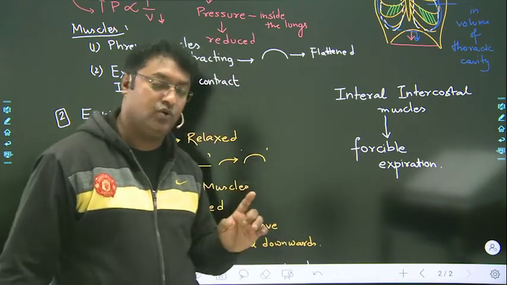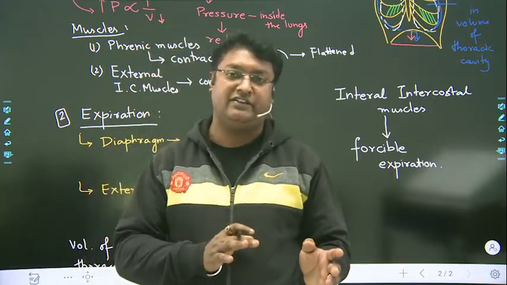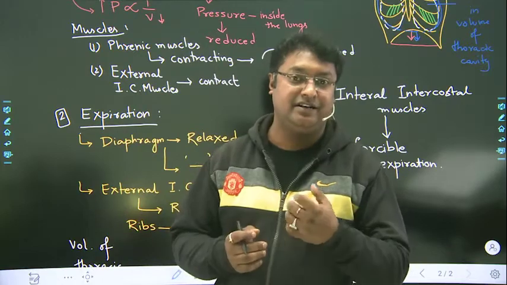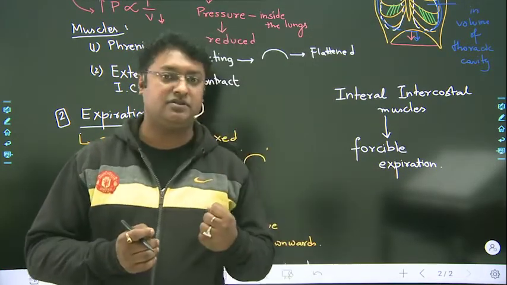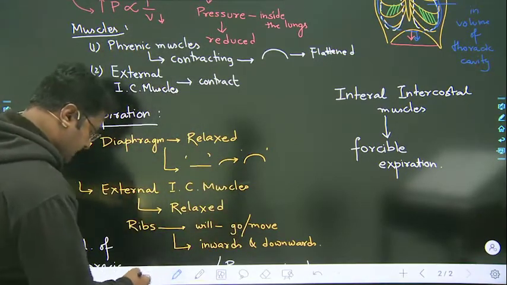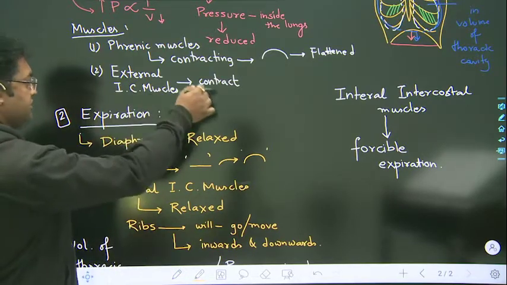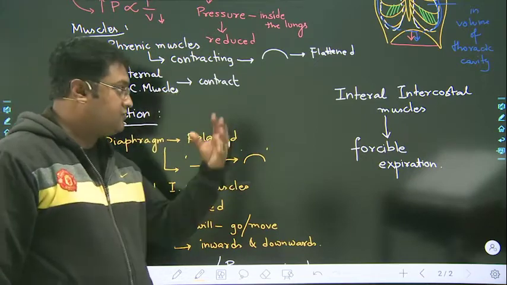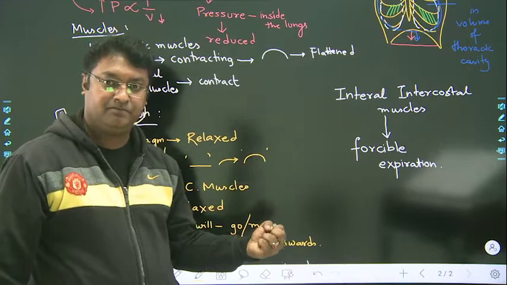Clear? Got it? So if I calculate the inspiration and your expiration, what is the nature of this process? That is, in terms of energy intake, is it an active process or a passive process? So see, where is the energy being used? If I talk about inspiration, here both of them are contracting, and to contract a muscle, we will be requiring energy.